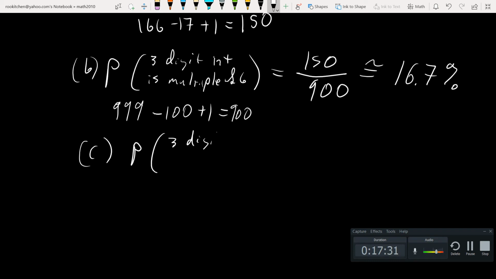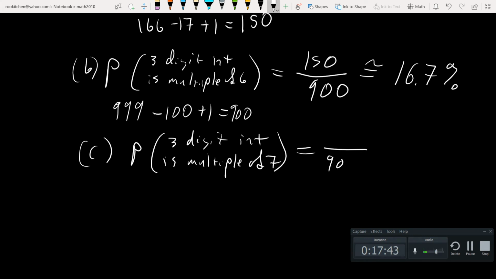So same kind of question, it's just now instead of multiple of 6, multiple of 7. Okay, so the denominator is 900. We just need to figure out the multiples of 7. Okay, so 100, try to figure out if that's divisible by 7. No, and it turns out you have to go up to 105 to find the first one that's divisible by 7.